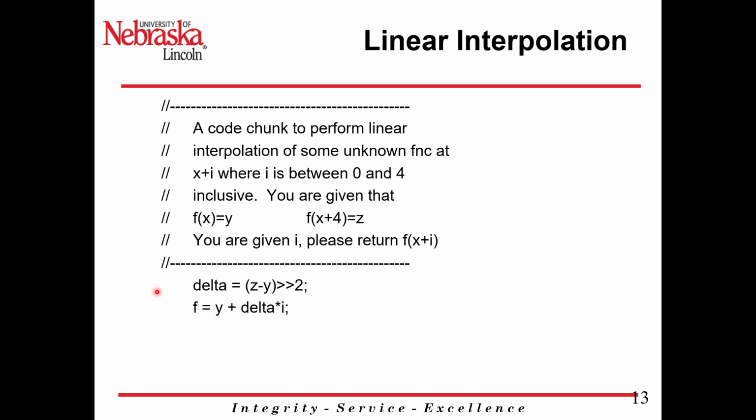So we're looking at the delta, which is the difference, shifted to the right by 2, since we're using 0 to 4. Then we take that delta, multiply it by I, so we get the fraction of that, add it to the base amount, y, and that becomes our z value.